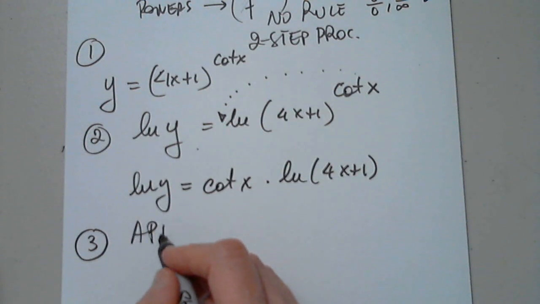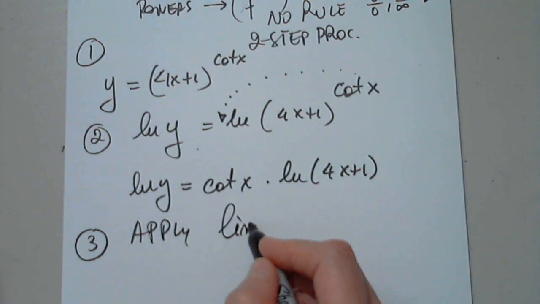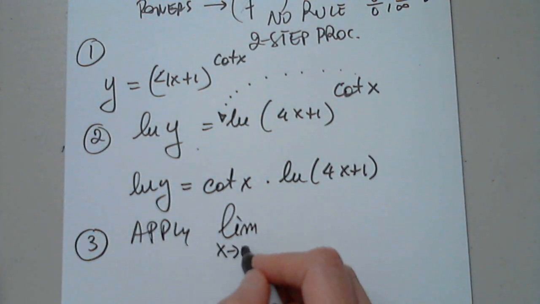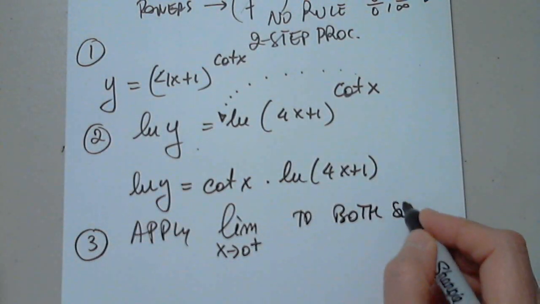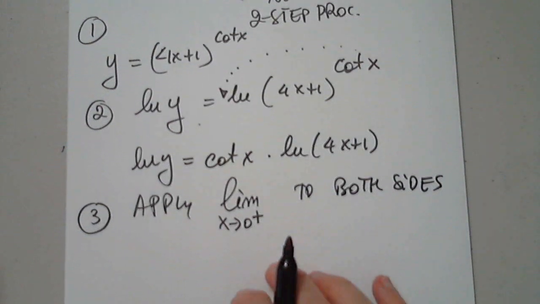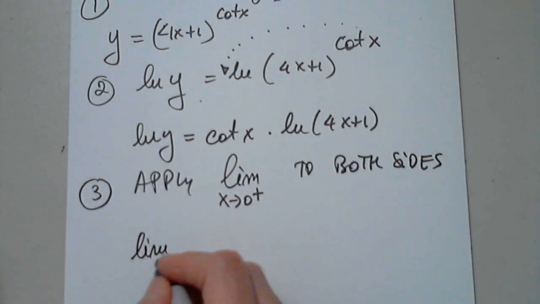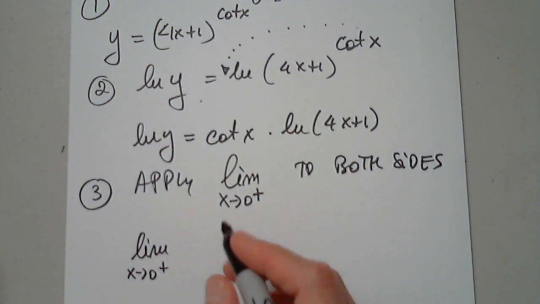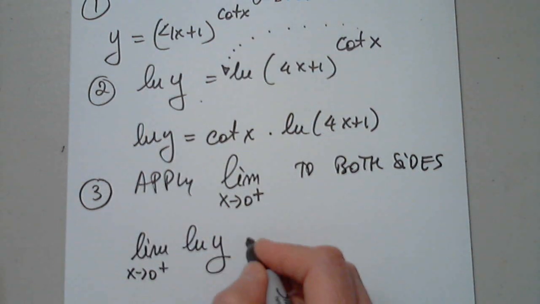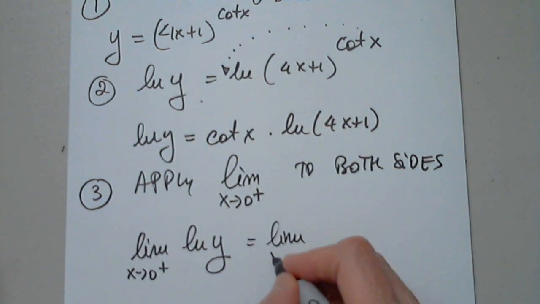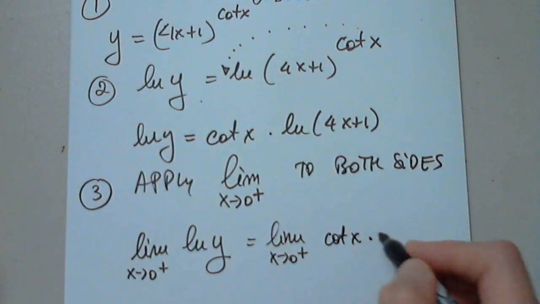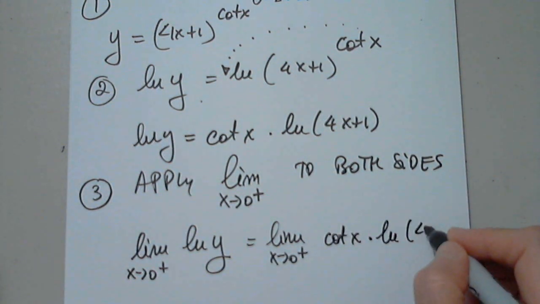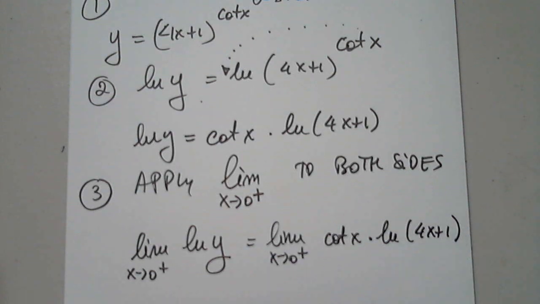We apply the limit as x approaches 0 from the right to both sides. So limit as x approaches 0 from the right of natural log y equals limit as x approaches 0 from the right of this product, cotangent x times natural log of 4x plus 1.